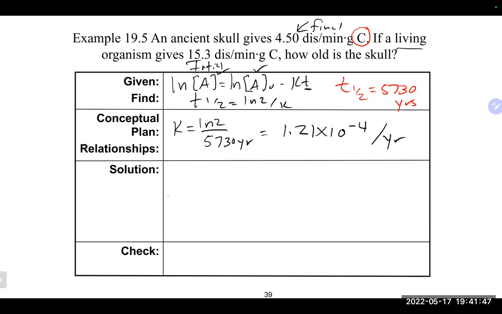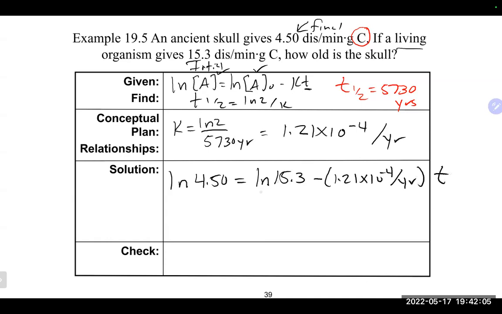At this point, we could put in what we have. Again, our final would be the smaller rate. So the natural log of 4.5 equals the natural log of 15.3 minus 1.21 times 10 to the minus 4 reciprocal years times T. Personally, what I do is take the natural log of 4.5 and then subtract the natural log of 15.3 over to the other side.